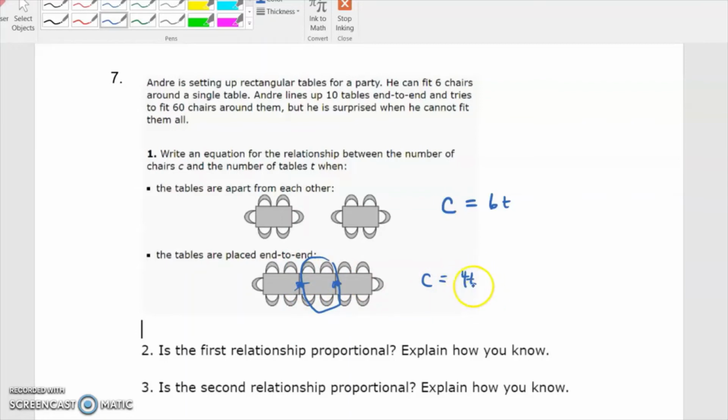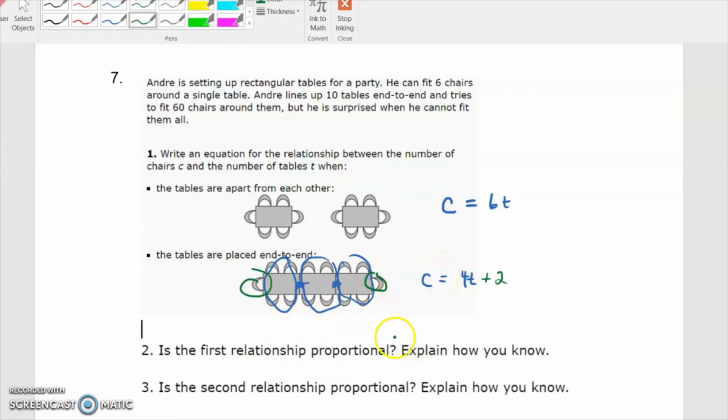So here's 4 at this table, 4 at this table, 4 at this table. And then at the end, there are 2 spots here. So I can add 2 at the end for those 2 end spots.